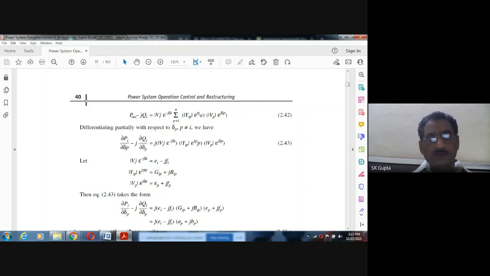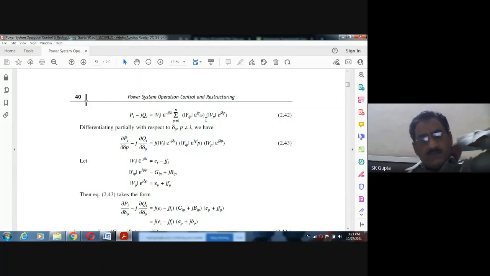Now you see, if you differentiate this equation with respect to delta p, here you see, this is not having the delta p. It is i. It is not the p. So this is a constant. Means if you differentiate with respect to delta p, this will be considered as a constant. So this is constant. Then this is constant. And what about this? This is the expansion of each term where p is equal to 1 to n.